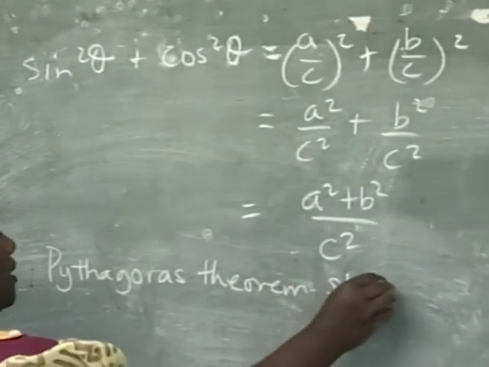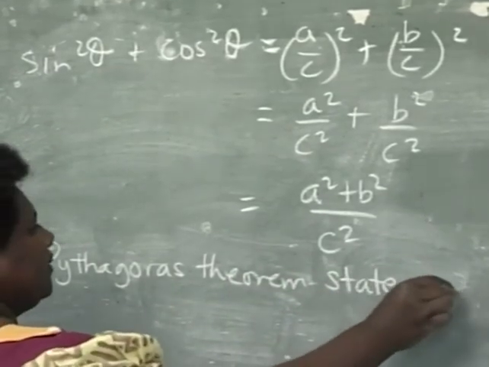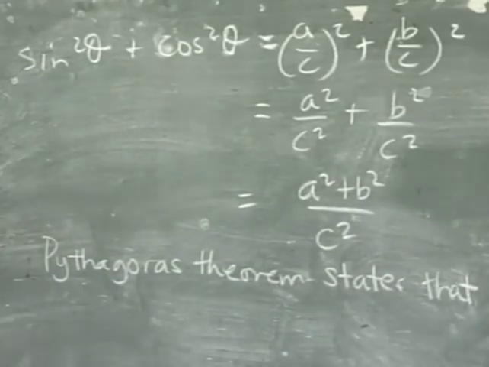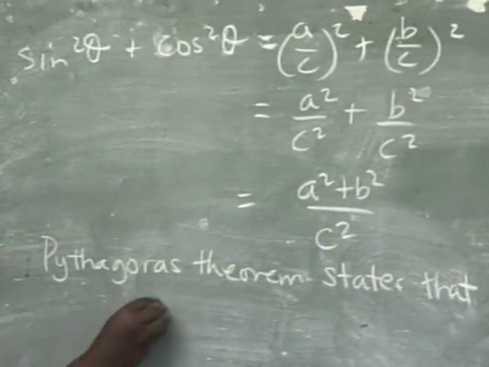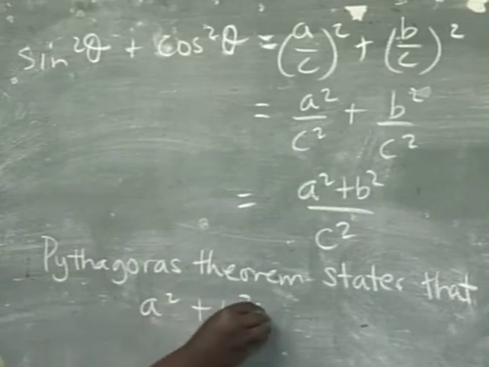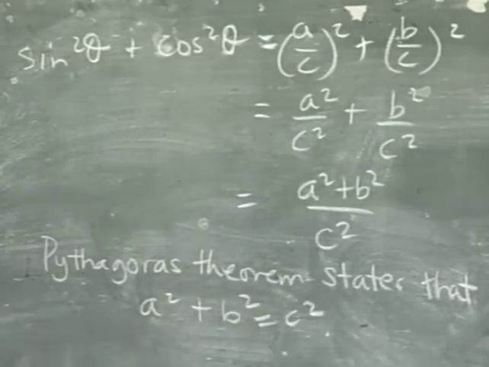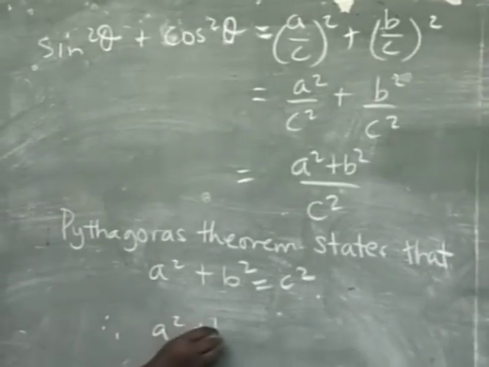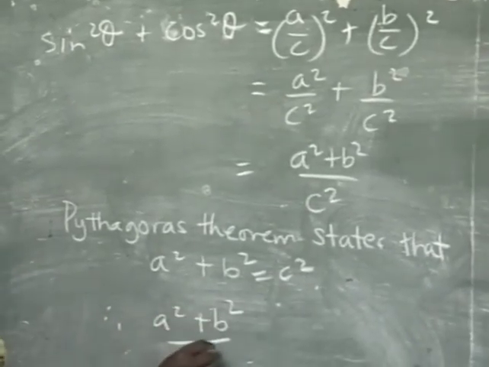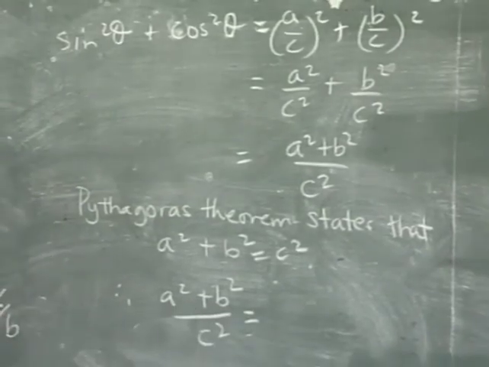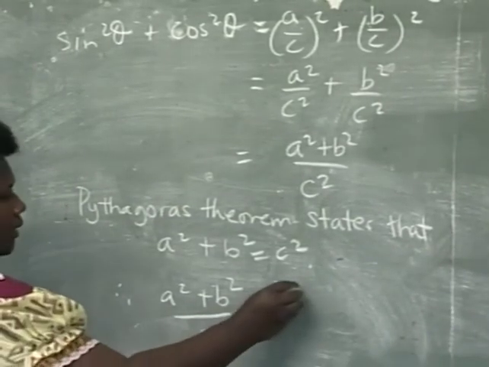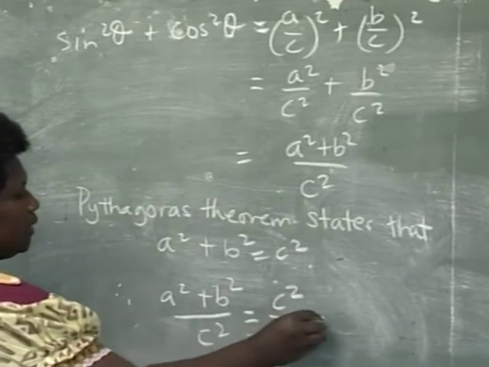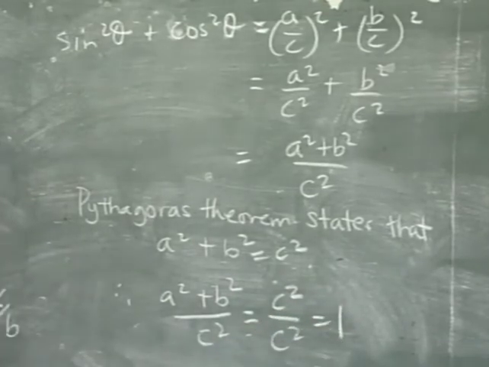Pythagoras Theorem states that in a right angle triangle, which is this one, a squared plus b squared equals c squared. Therefore, a squared plus b squared on c squared is equal to, since a squared plus b squared is equal to c squared, c squared over c squared is equal to 1.